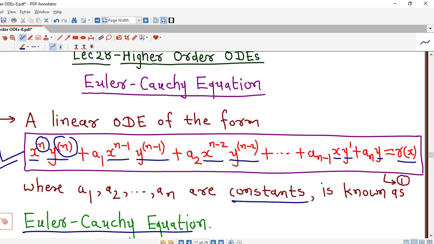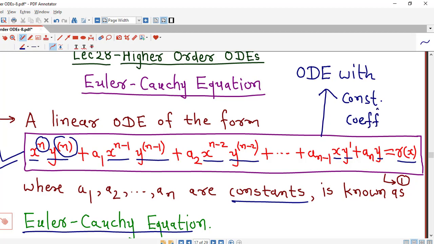Remember that if our differential equation is an Euler-Cauchy equation, it can always be converted into an ordinary differential equation with constant coefficients. So if we want to solve an Euler-Cauchy equation, we can change the independent variable from x to another independent variable z by the substitution.